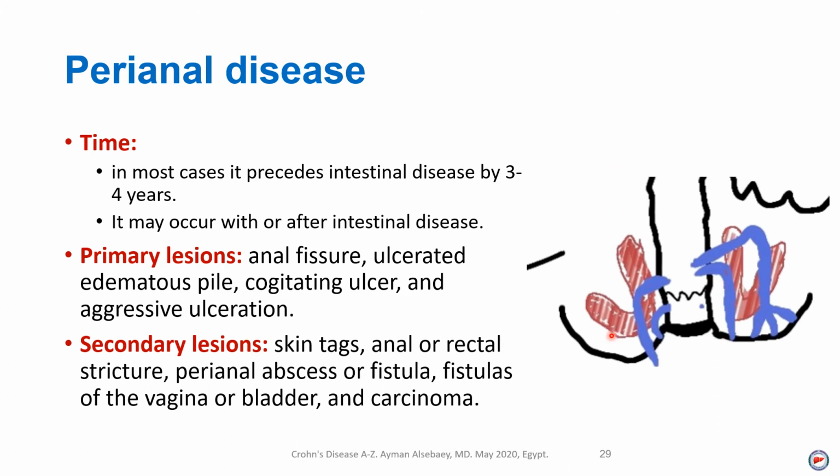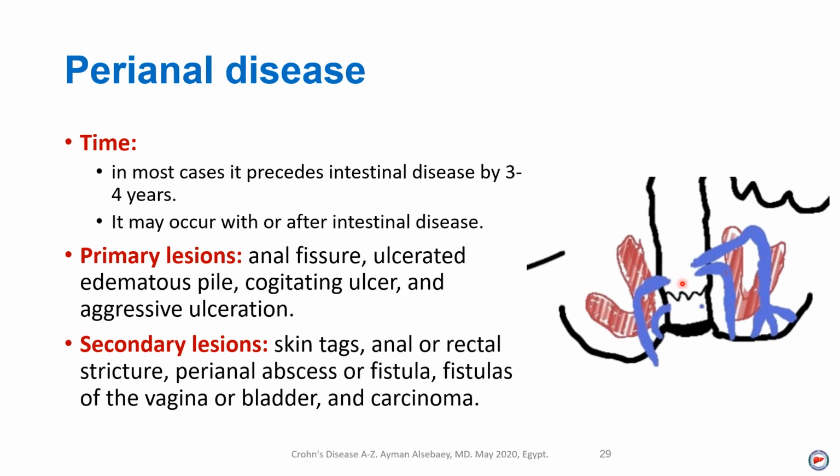The AGA, American Gastroenterological Association, has classified these fistulae into two types. Simple fistula, in which the internal opening is present below the dentate line and it is close to the muscle, and the opening is close to the anus. Okay?